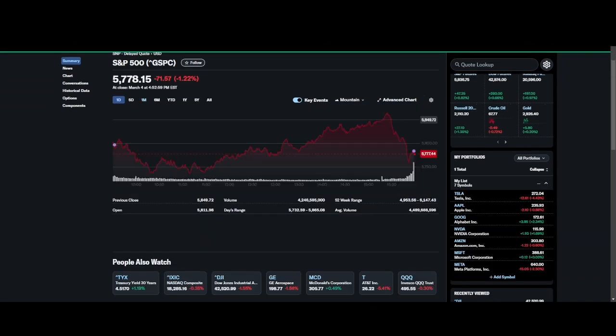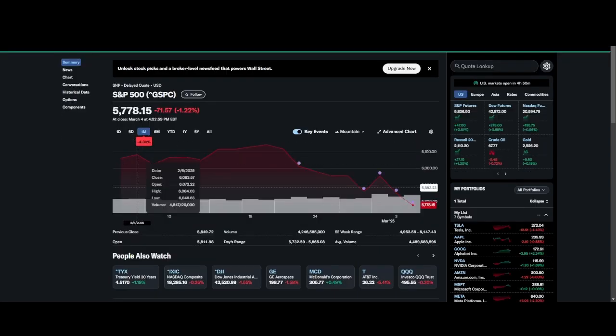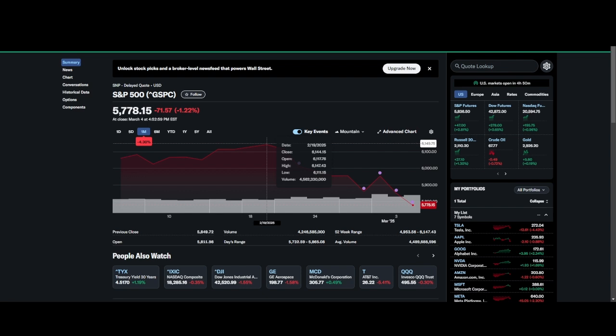Let's see 1 month, Standard and Poor's. Starting 19 February, the Standard and Poor's index fell with no stop. Well, maybe some ups and downs, but in general down.